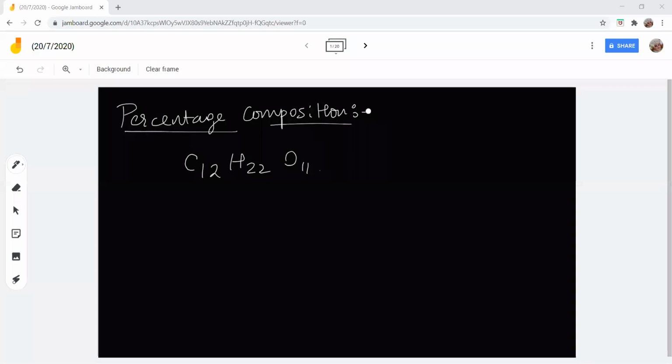So how do you calculate the percentage composition? Percentage of carbon is equal to the mass of carbon divided by total mass into 100. Mass of carbon is 12 into 12, 144, divided by total mass, which is 144 plus 22 for hydrogen, plus for oxygen 11 into 16, which is 176.